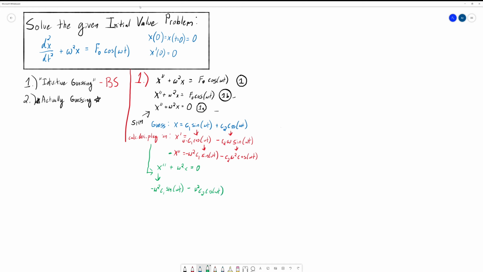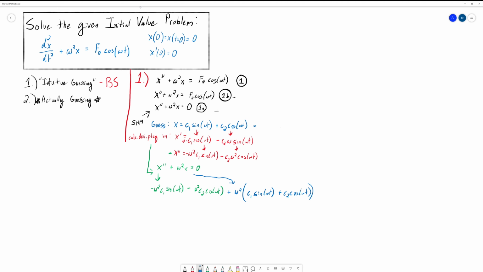Okay, and then x is going to be right here, and we're going to do plus omega squared times x, which is going to be c1 sine, just reading off from the blue, plus c2 cosine of omega t.